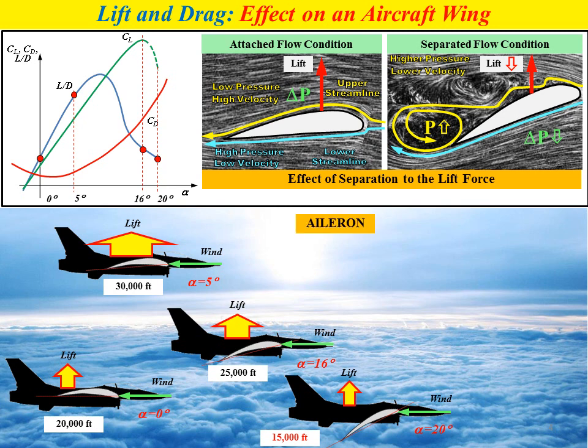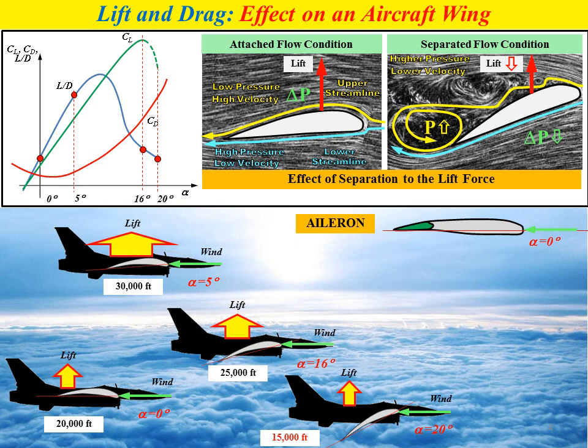The more practical approach is by using a mechanical component that we call aileron, located at the back of the airfoil or aircraft wing, represented by a green color component.